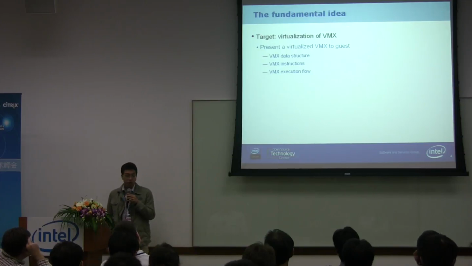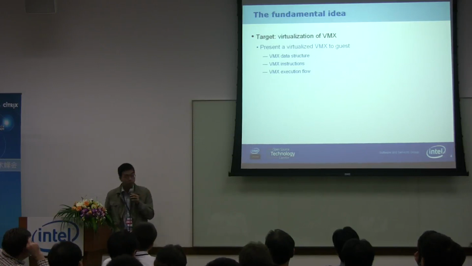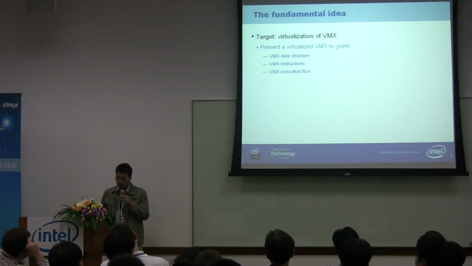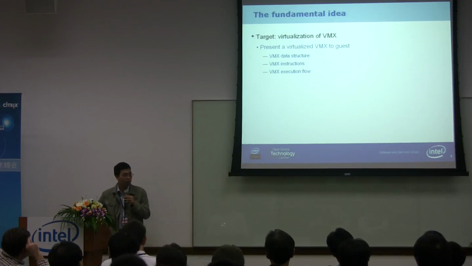It has data structures, in this case the VMCS as a controlling structure, and some instructions that are added by this extension, and its behavior, its execution flow. All things should be virtualized, and that is our goal for nested virtualization.